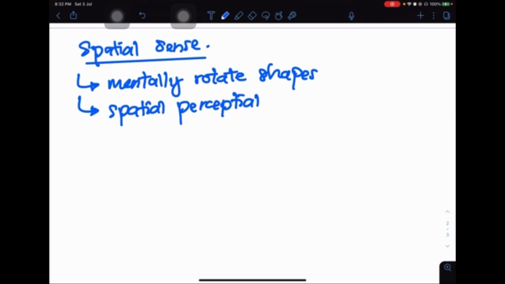They would be able to visualize or manipulate the shapes in space.